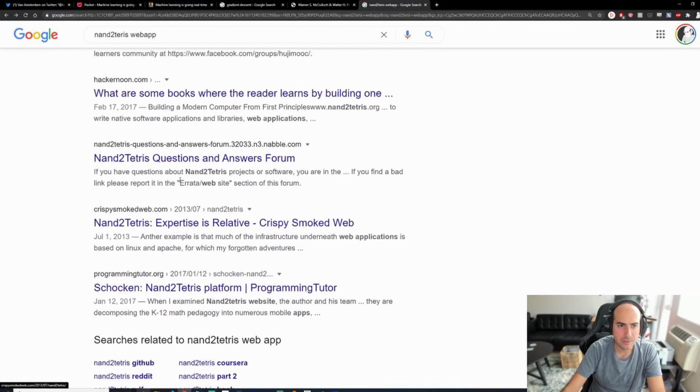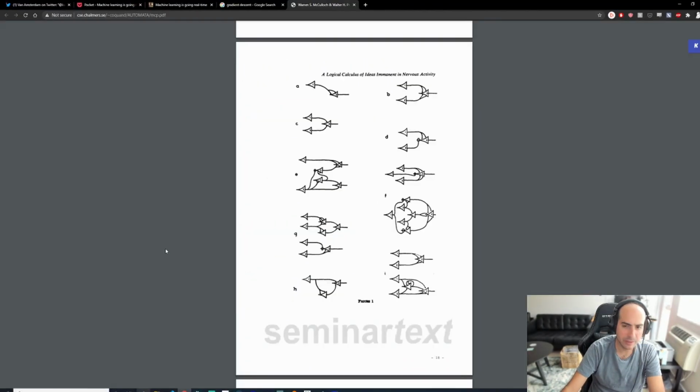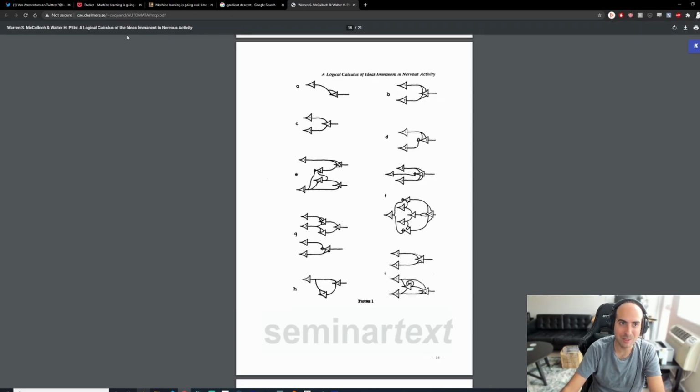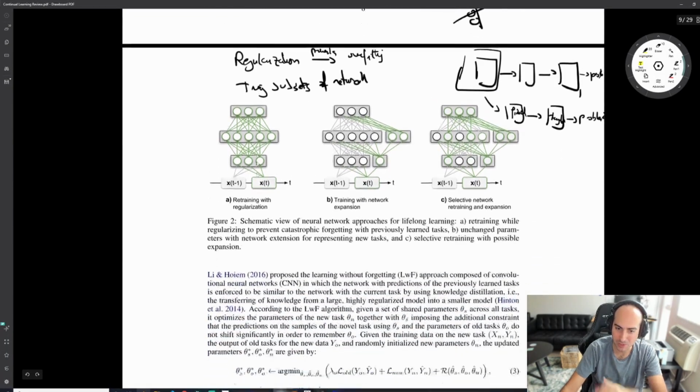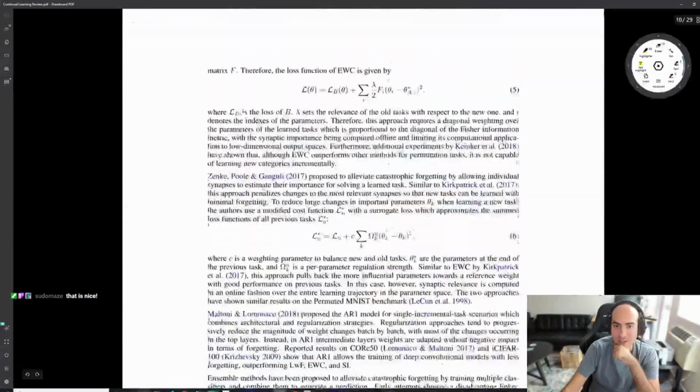I don't remember where this web app was. I do remember there was one. It was on Hacker News at some point. Basically, you just drag in your NAND gates and then you build up Tetris by the end of it. You build an OS, an interpreter, file system, everything you want, just from NANDs. It's kind of mind blowing when you think about it, because we sort of take this stuff for granted.